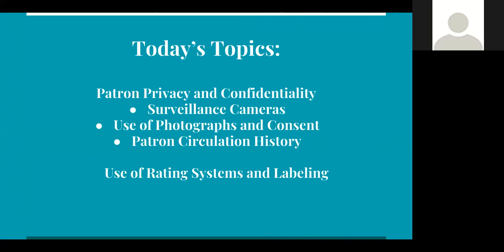The other one we're going to talk about today is your patron circulation history. Then we're going to touch on something we've touched on before, the use of the Motion Picture Association rating systems and how it really works with public libraries, and how we label those materials or not label those materials. So hopefully you're going to pick up some tips today.